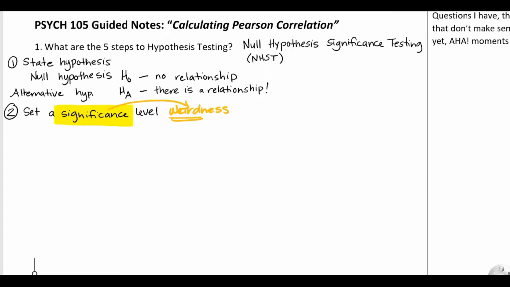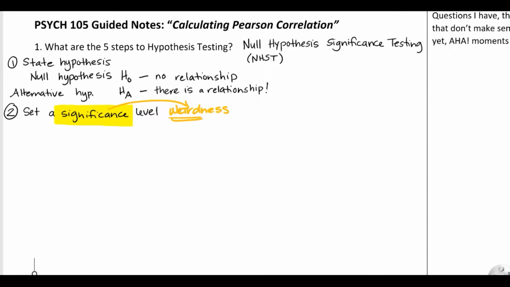We set a level where we decide, okay, if a correlation of this sample size is beyond this level, then we're going to say we think there really is a relationship in the whole population. If it doesn't cross into that level, then we're not convinced. Then chances are not good enough that it's not just happening by chance.